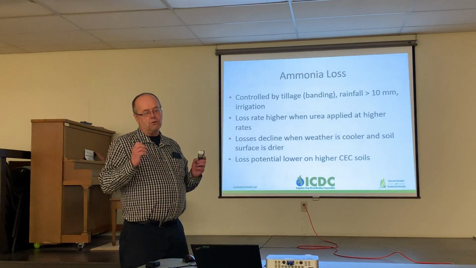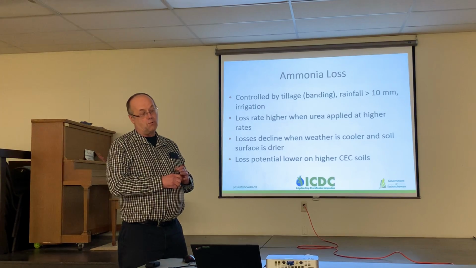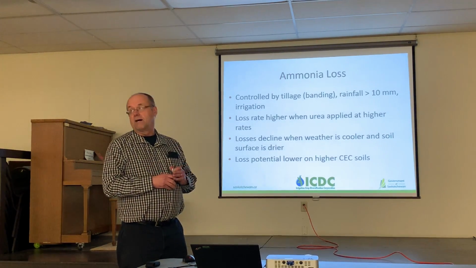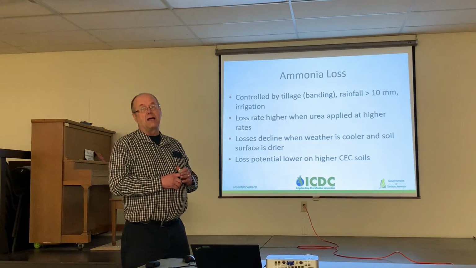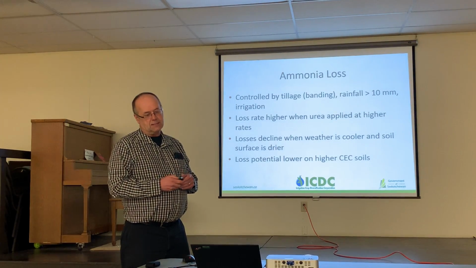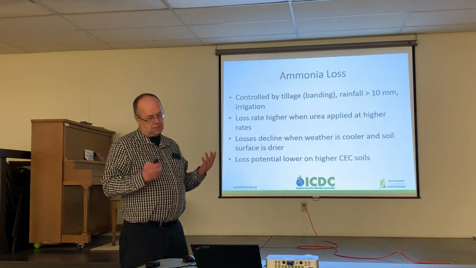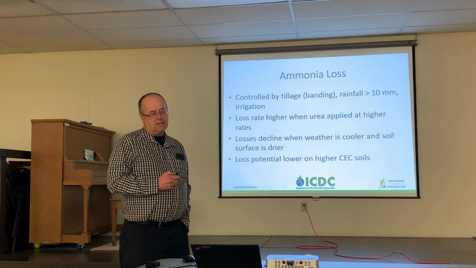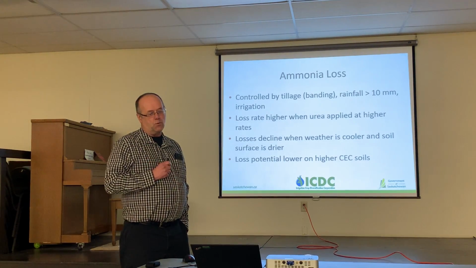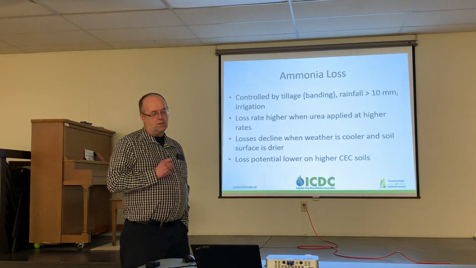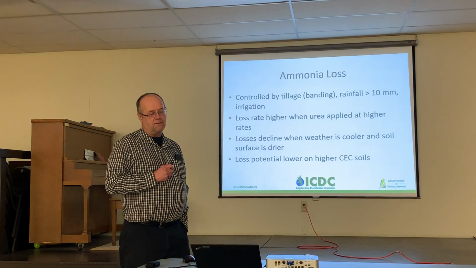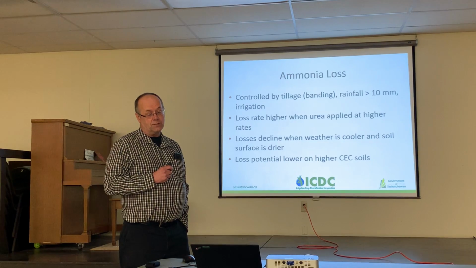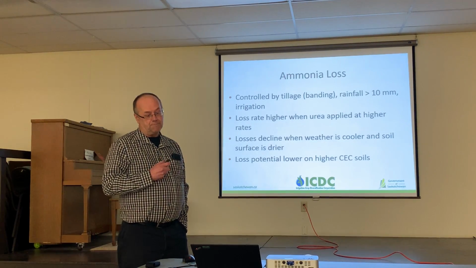Under irrigation, we're usually broadcasting these products at quite high rates, and I would say that if you're applying a rate of 100 pounds of N or higher, that's when your risk of losses is higher, and that's when it's more likely that these products will provide benefit. These losses, of course, decline when the weather is cooler. Spring days are often more ideal for that, but it's not uncommon for April to turn into some 80-degree days either.